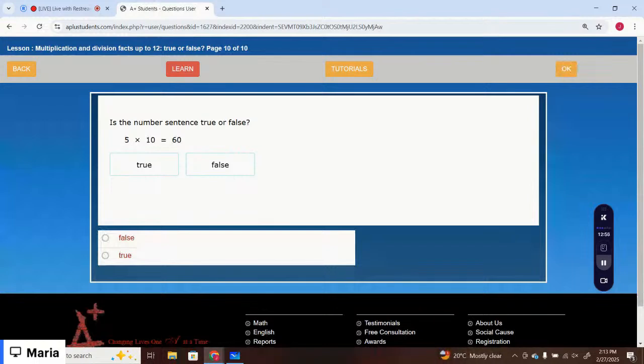Is the number sentence true or false? 5 times 10 equals 60. False, it is.